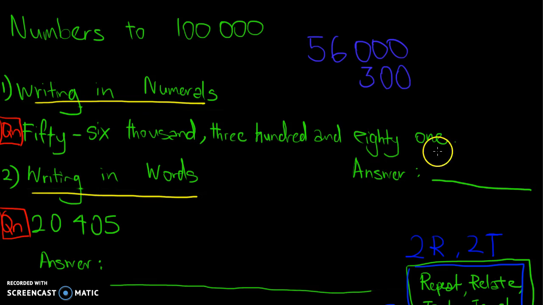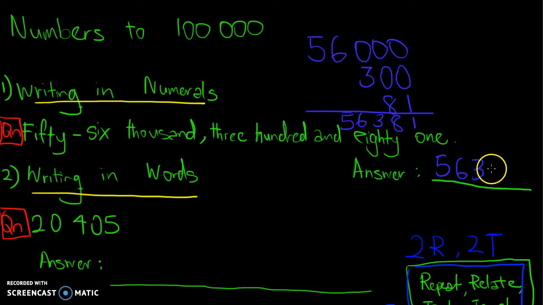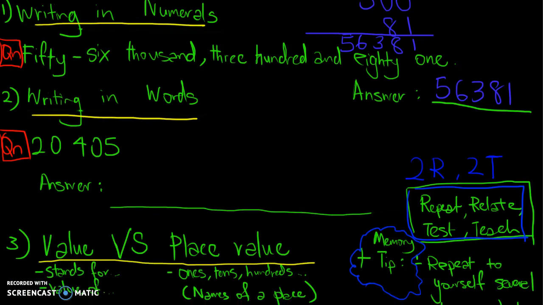And 81, which is a tens place and a 1 in the ones place. If we add them together, we should get 56,381, which is our answer. That's how we get this answer.